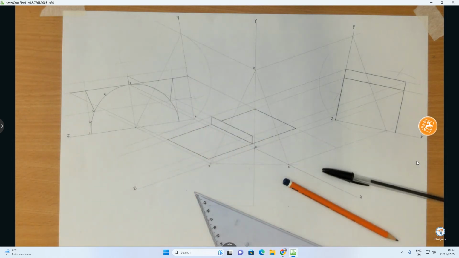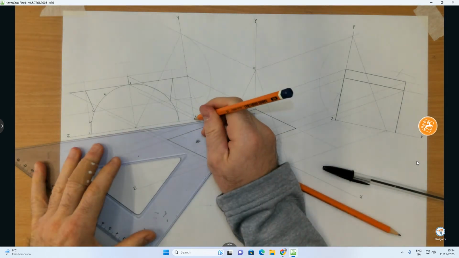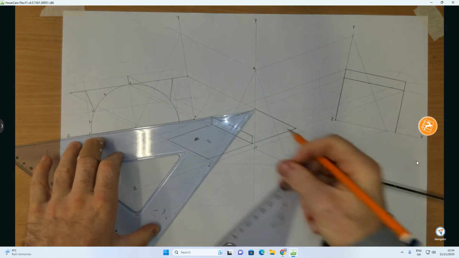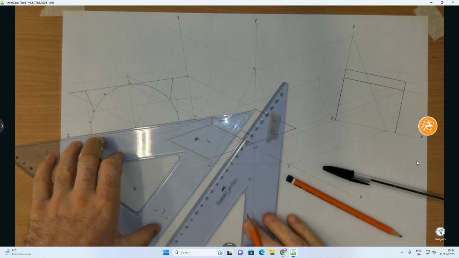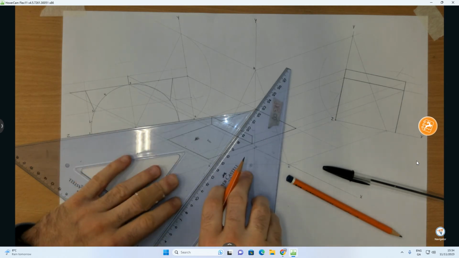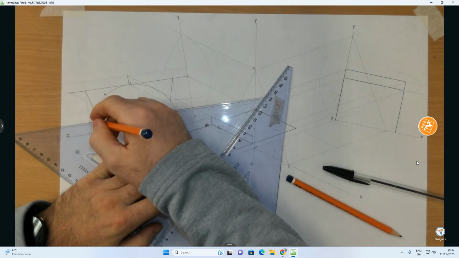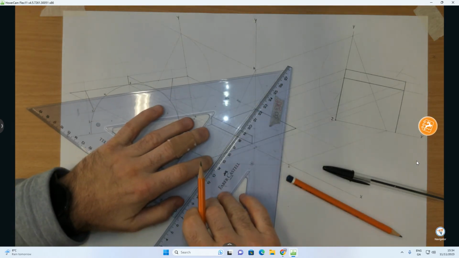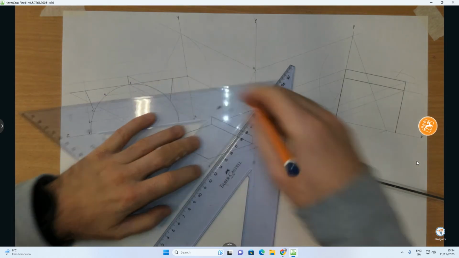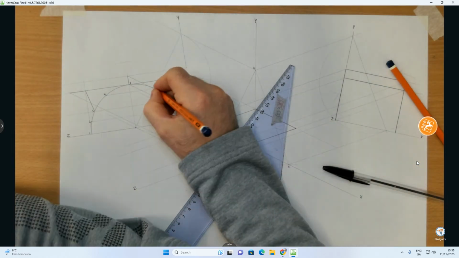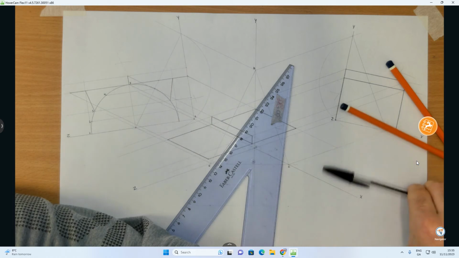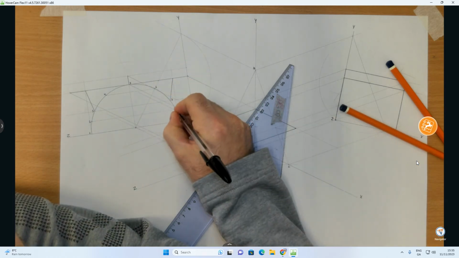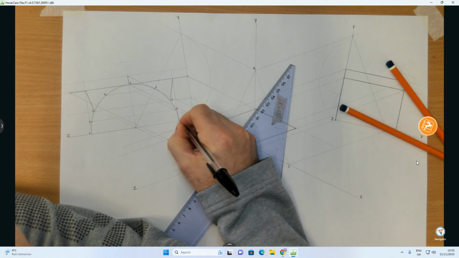And to get 6, 7, I'm going to go parallel to this line here, my other set square, from the 2 and from the 4. Okay, that one there, so there's number 6, here's number 7, and then I've got number 8 here, and then we're down to number 9.